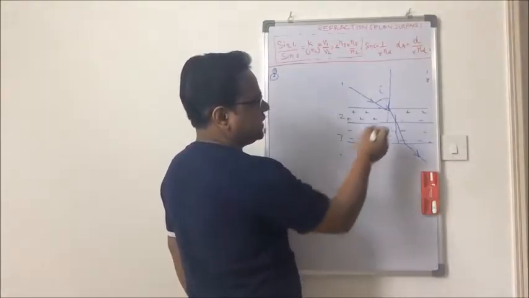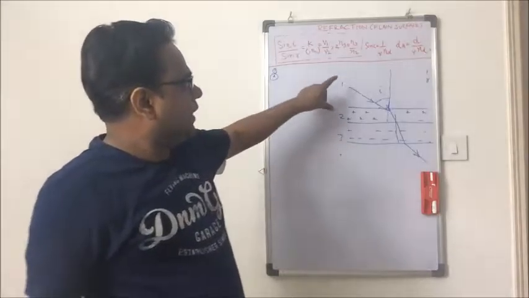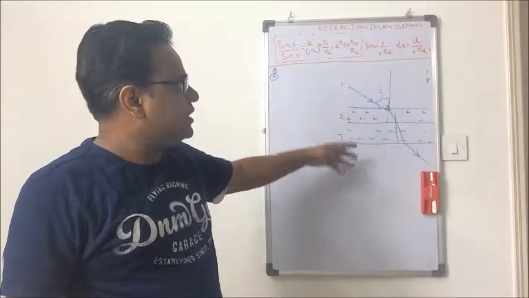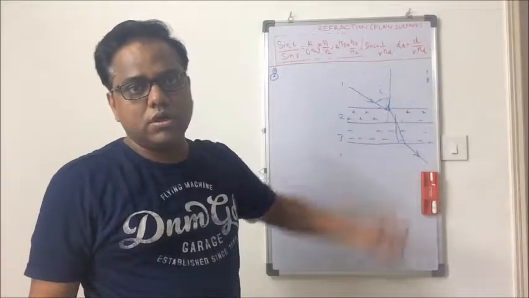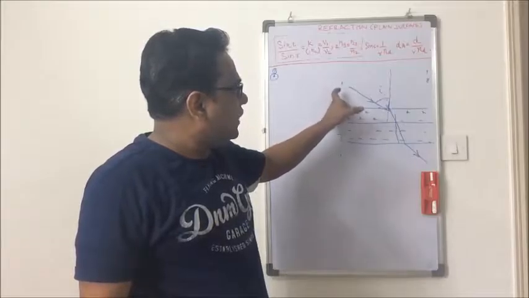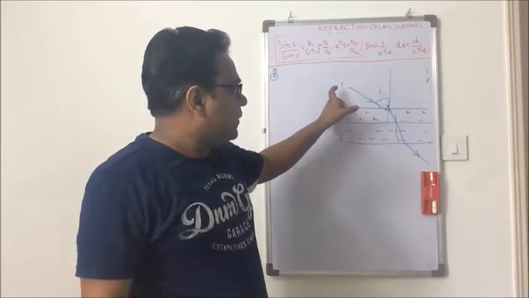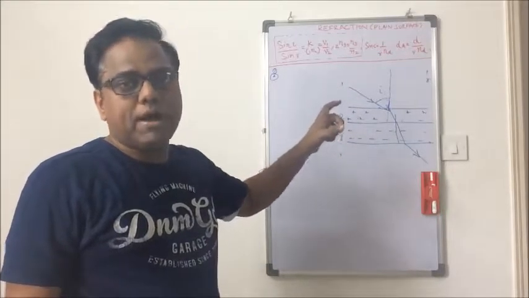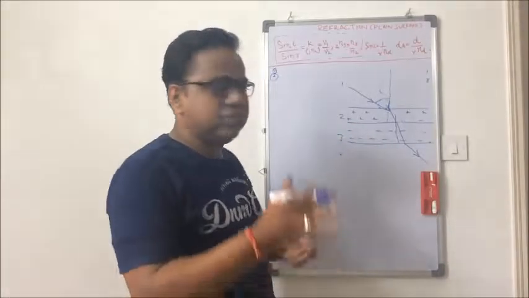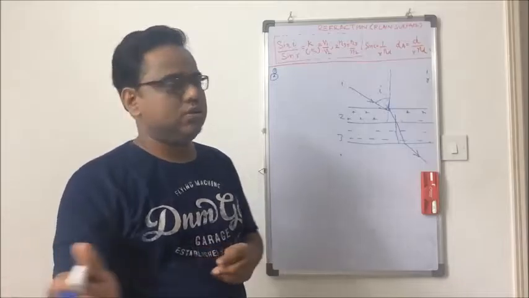So what it says is that when light enters through multiple layers of medium and finally goes to the same medium, it will follow the same path. I mean, the direction angle will not be changed, but there would be a displacement.